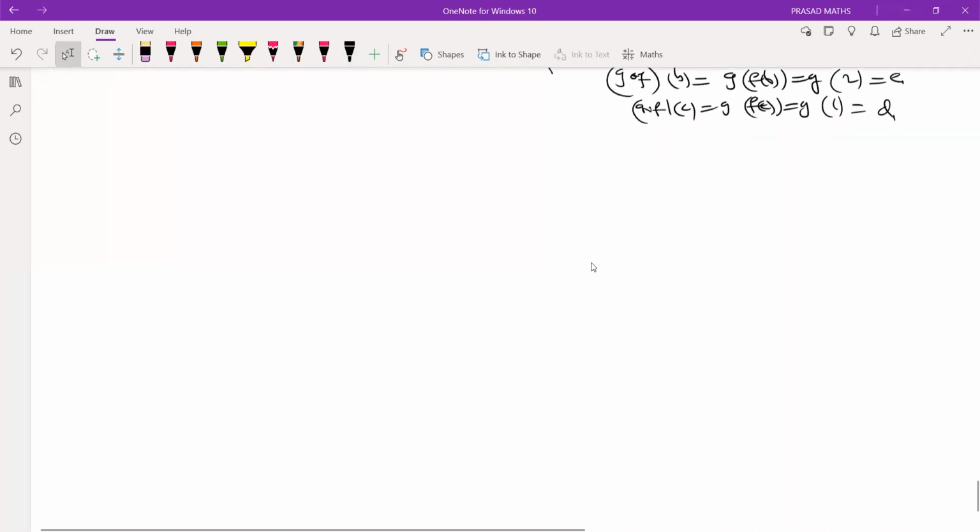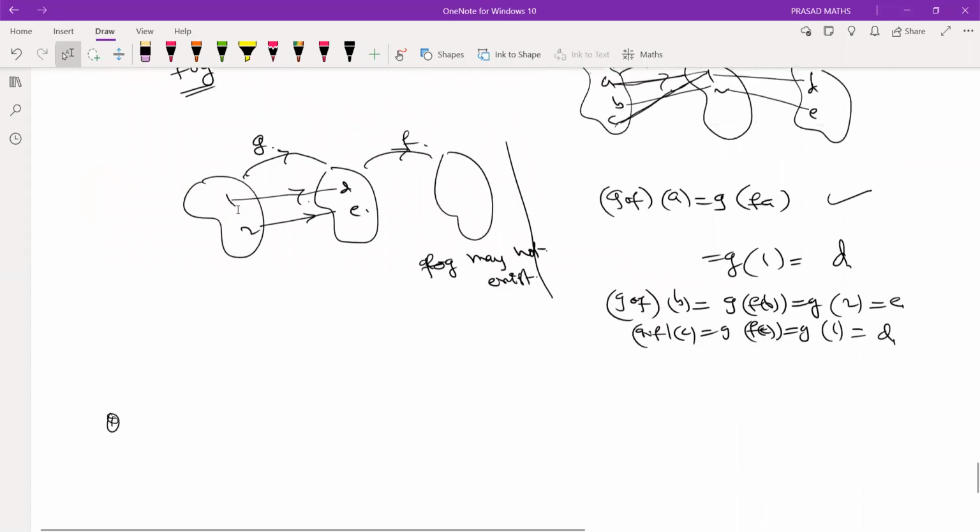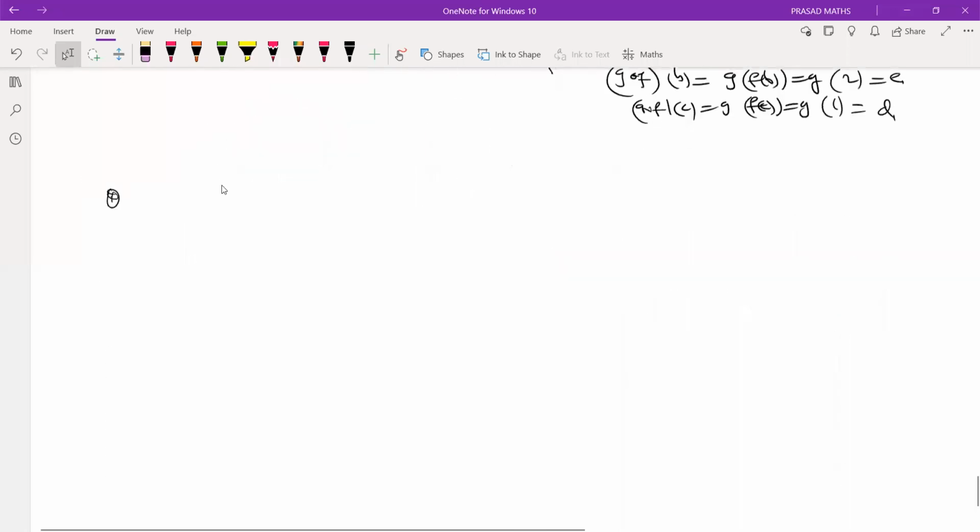Next, this is also an important property, the fifth one.